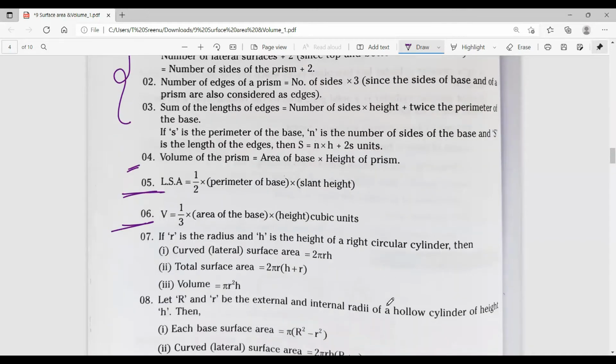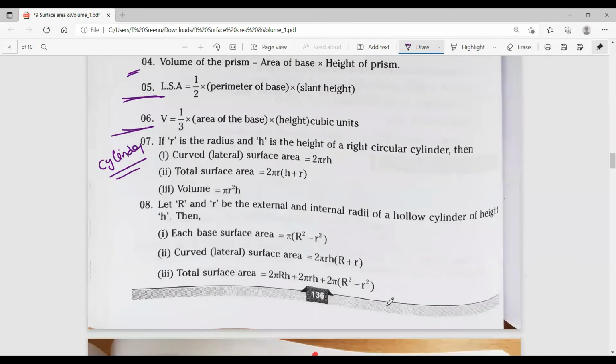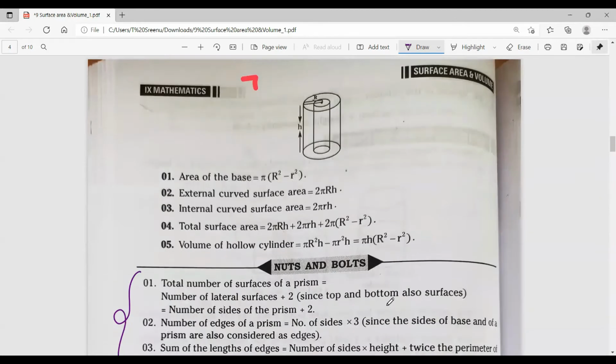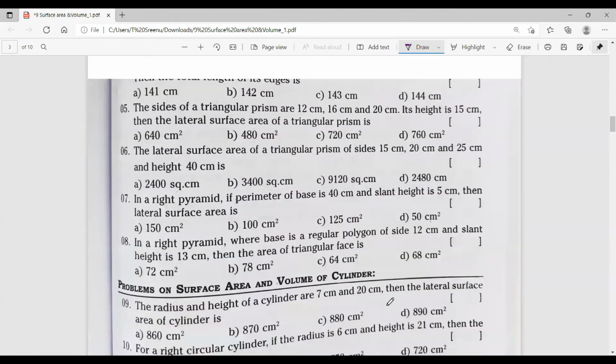And then the seventh one is about the cylinder. Eighth one is about the hollow cylinder, internal and external. Okay, no? Next.